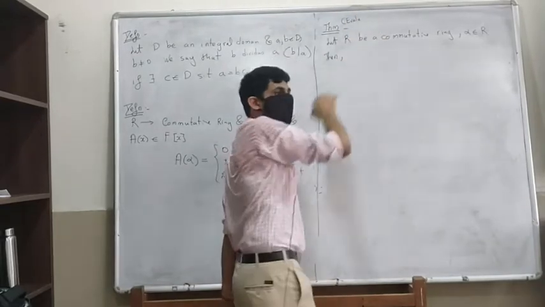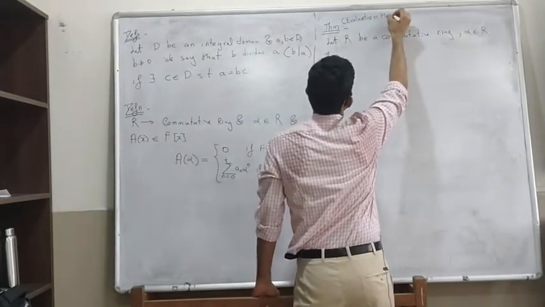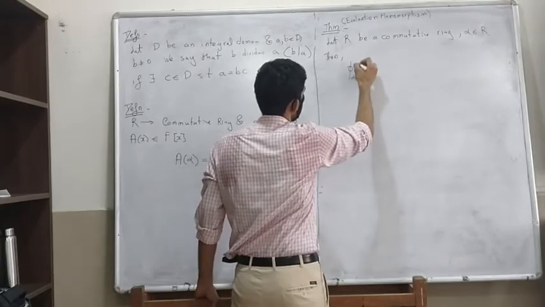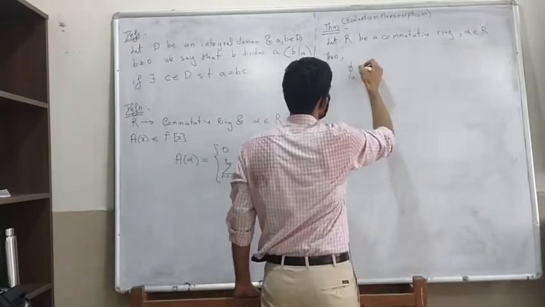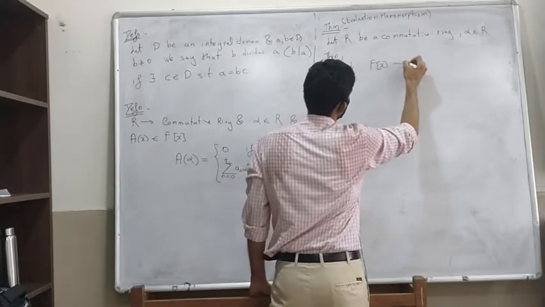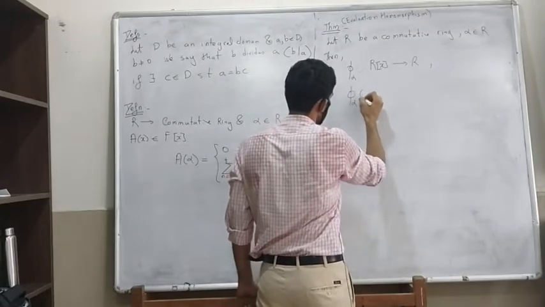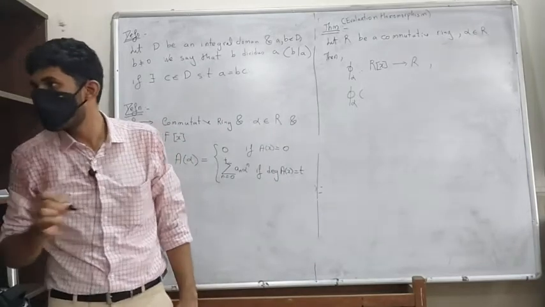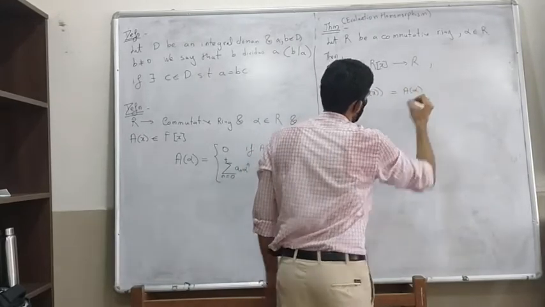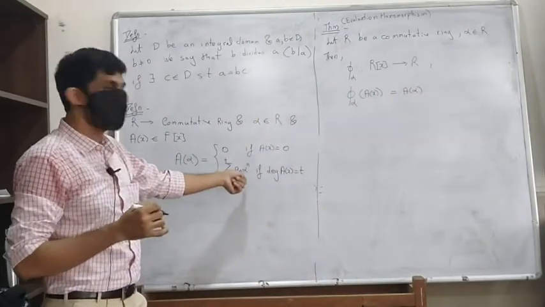Phi_alpha is a function from R[x] to R, and we define it in this manner: we are going to define phi_alpha of A(x) to be A(alpha). If A(x) is in R[x], then A(alpha) is going to be in R.